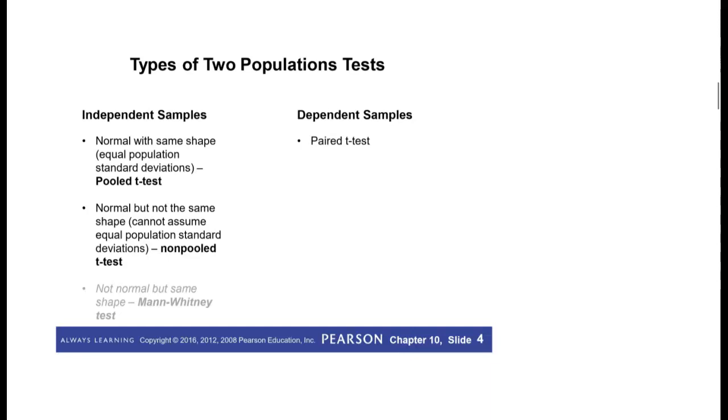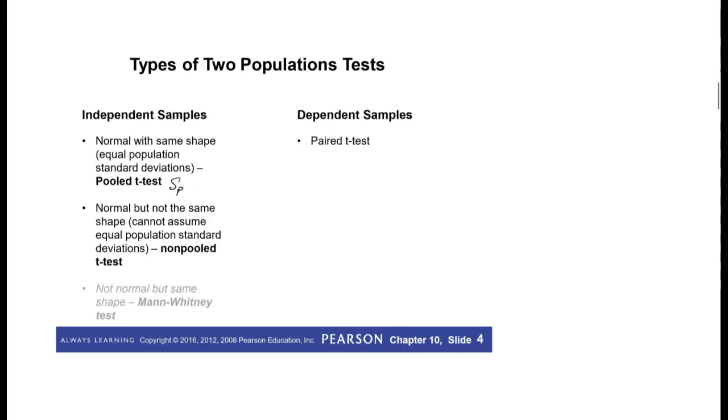This assumption will be given to you if it's meant to be true for a particular problem. If it's given to you, then we would do what we call a pooled test because we're going to pool those two standard deviations together. We're going to weight them according to the sample size and pull them together, and we're going to introduce a new variable we're going to call S sub p to represent that pooled standard deviation.